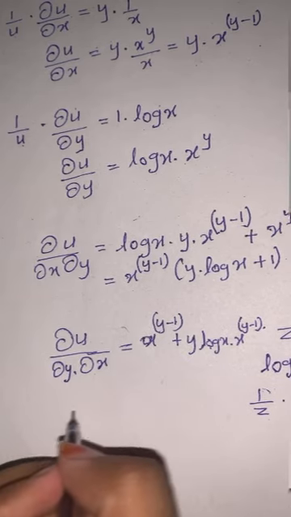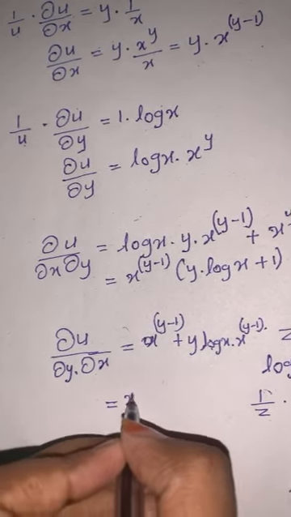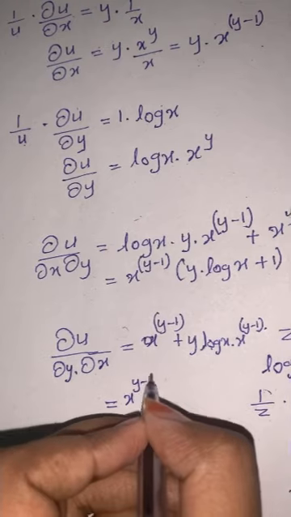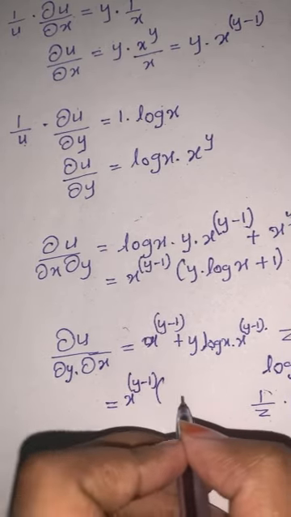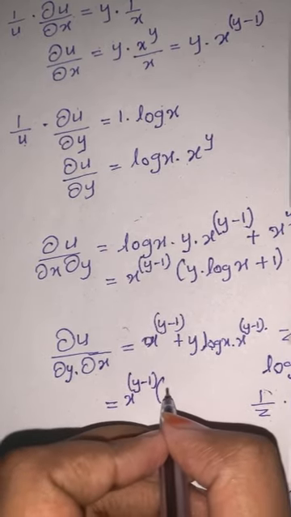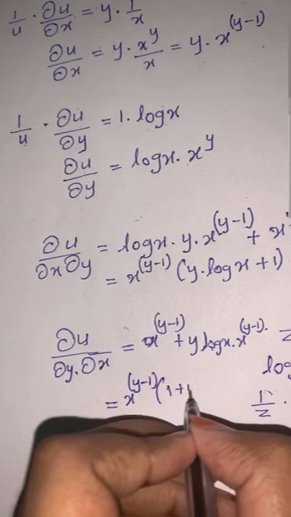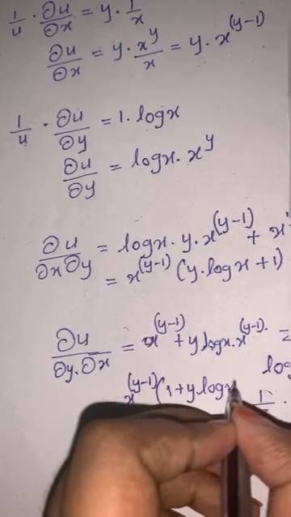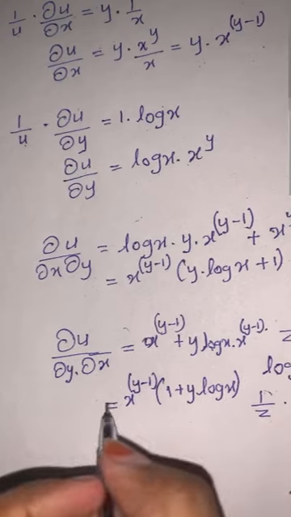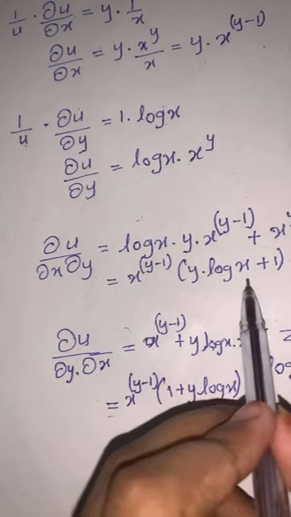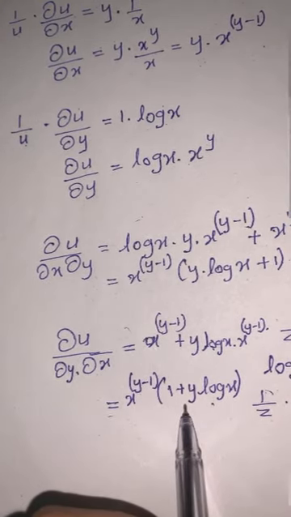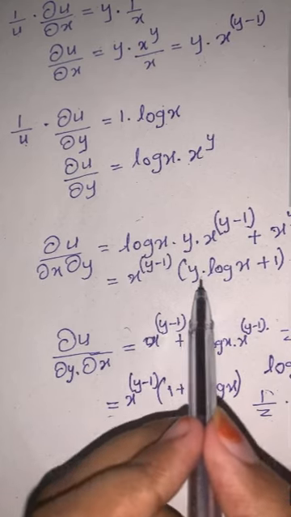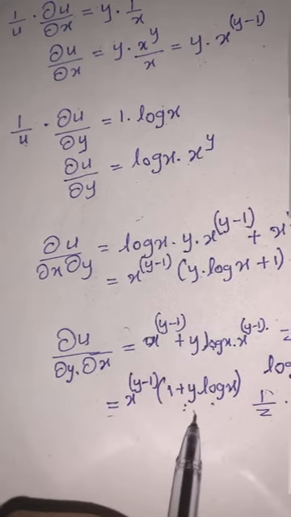So what will be the answer is, when we take x to the power y minus 1 outside, there will be 1 plus y log x. So these two are becoming the same. So we can assure that our answers are correct.